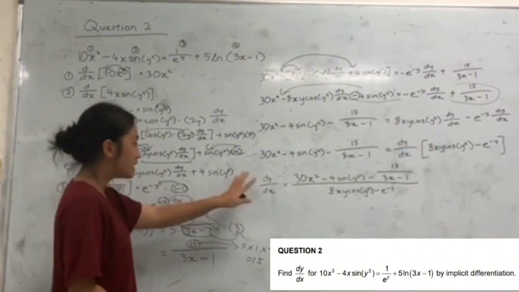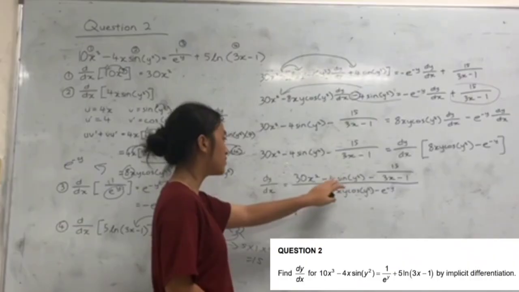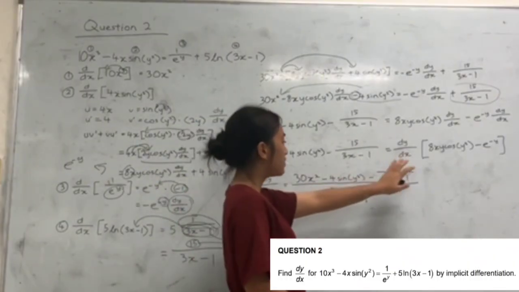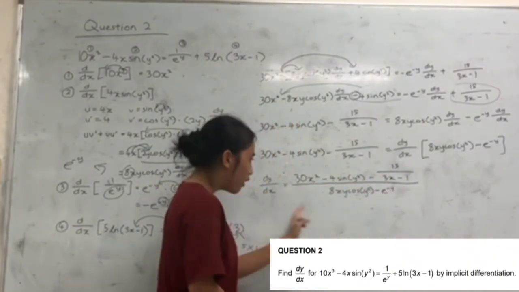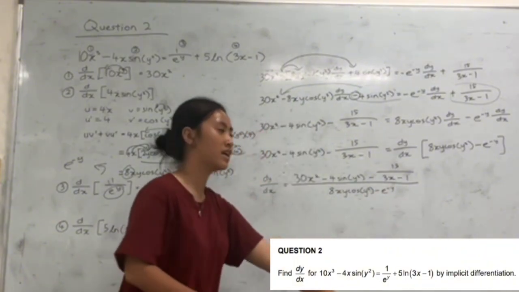Come to the last part. dy over dx equal to 30x squared minus 4 sin y squared minus 15 over 3x minus 1 over 8xy cos y squared minus exponent power of negative y, which is our final answer.